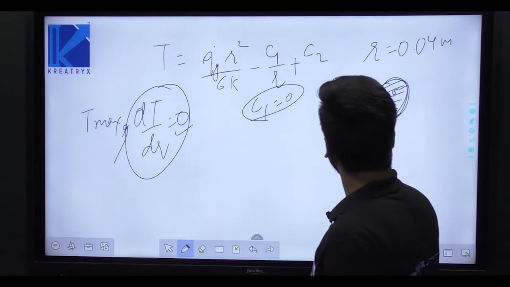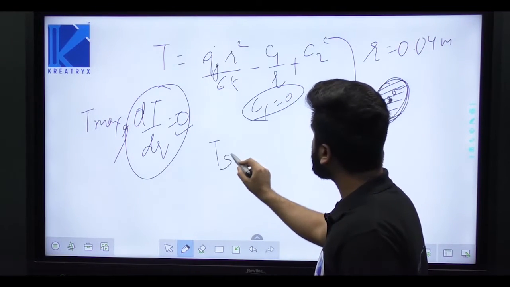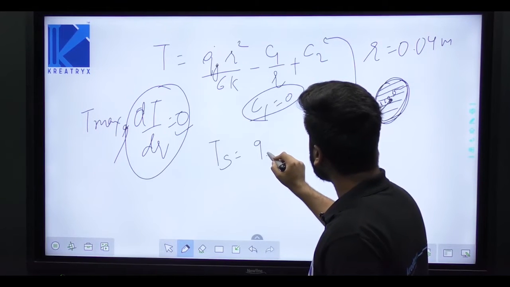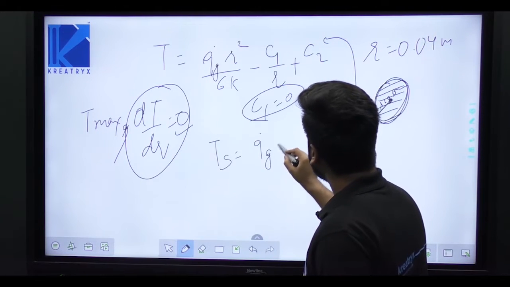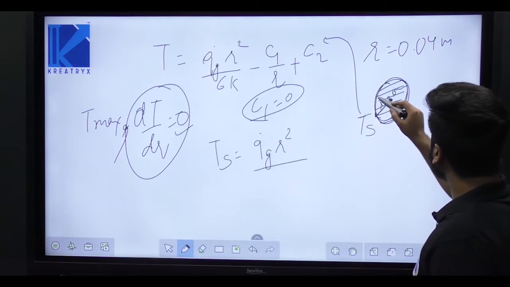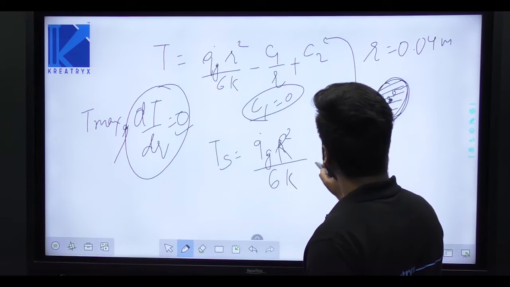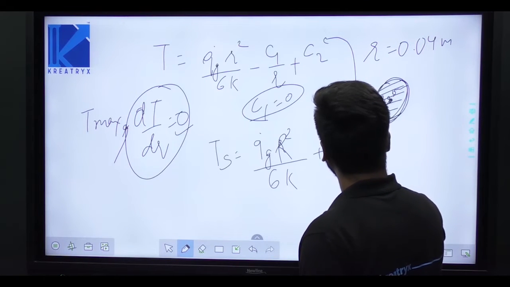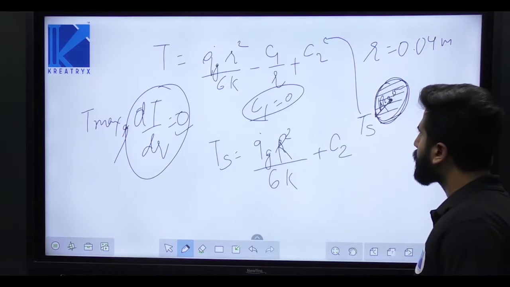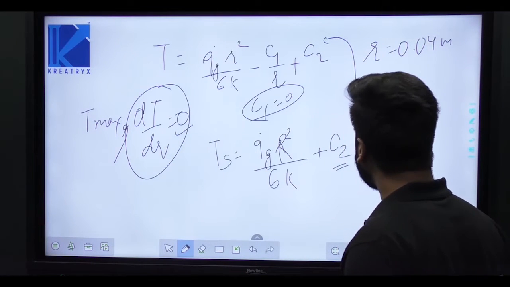Put this boundary condition here. C1 is 0 now. So Ts is equal to Q dot G R square, with R square, let it be capital R, so capital R square by 6k plus C2. So this becomes the second equation.